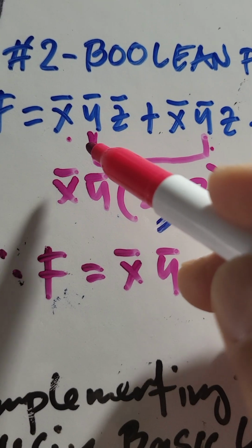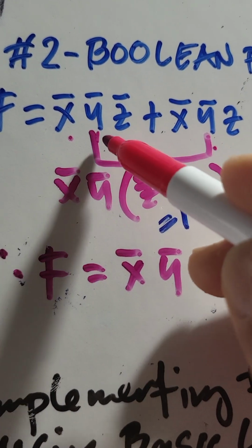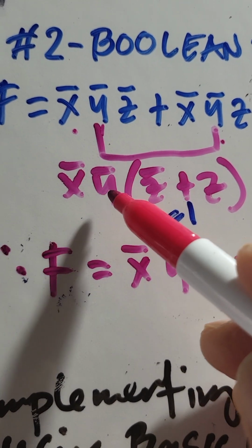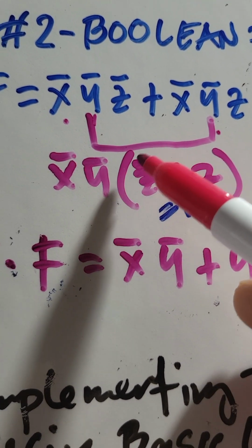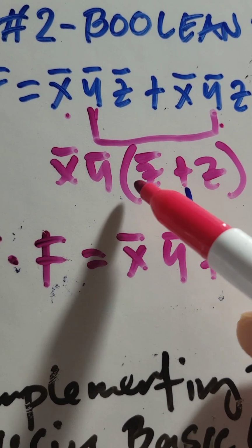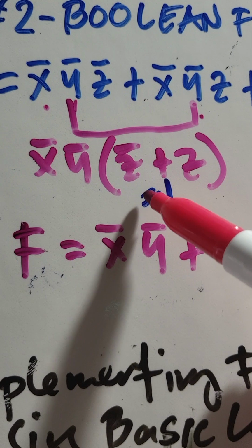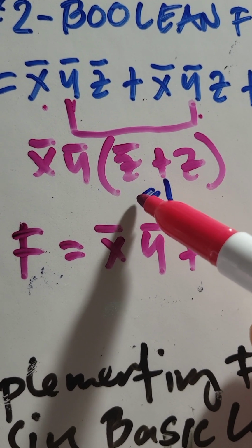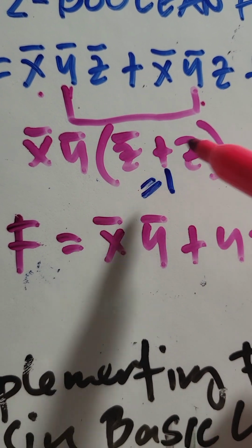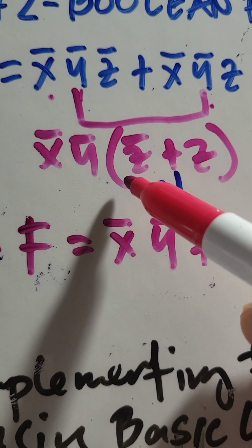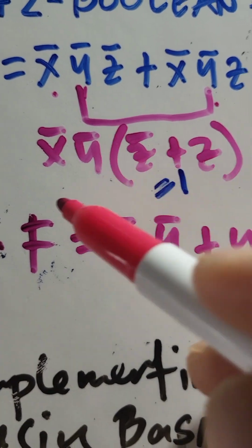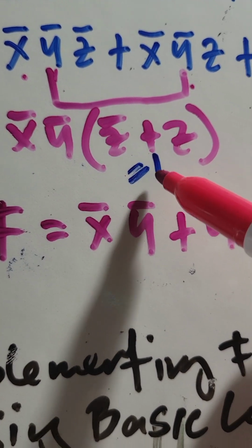The common here is x bar, y bar, so x bar, y bar, then the remaining is z bar plus z. And if you remember, I said in Boolean laws, z bar plus z, or z plus z bar, or whatever variable, is equal to 1.